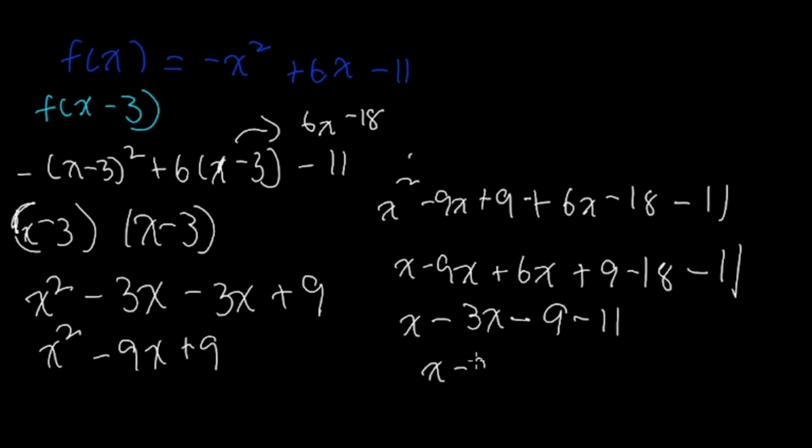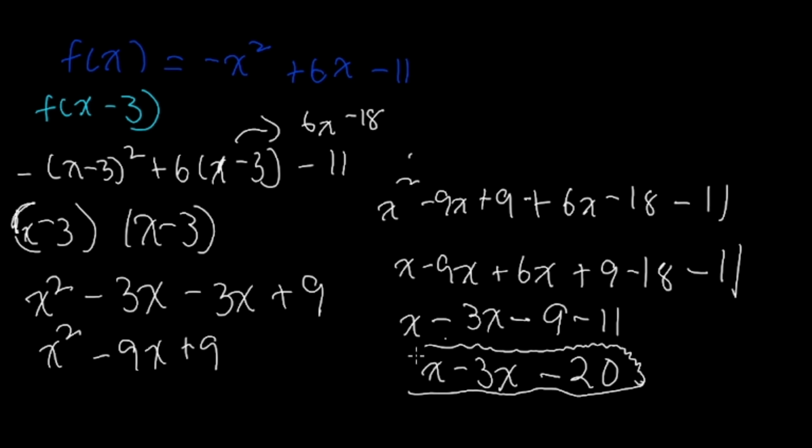You get x squared minus 3x, minus 11 minus 9. 11 plus 9 gives you 20, so that's negative 20. And so this is the answer. Yes, that is the answer.